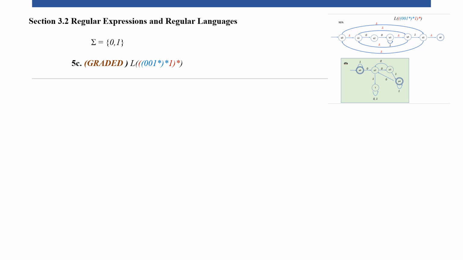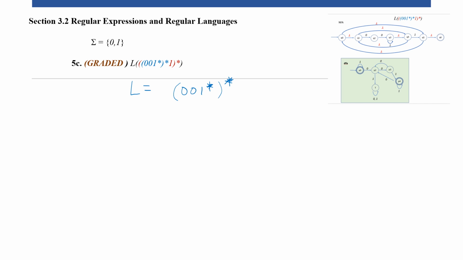All right, so the graded example. Let's take a look at this language. What is this language? You have 0, 0, 1. So you must have 0, 0, and then you can have any number of ones. But then you can have that 0, 0, 1 any number of times.